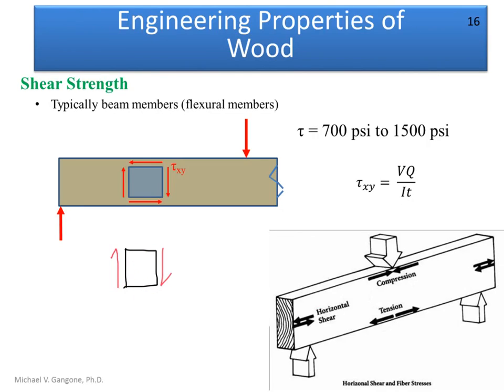All right, so in order for this thing to be in equilibrium, we have to keep in mind that if this arrow and this arrow cause a clockwise rotation, then this arrow and this arrow have to produce counterclockwise rotation to balance them out, right? So that's why we see something that looks like this. And it shows us that, yes, we have some vertical shear, but we also have horizontal shear that occurs in the beam. And it is that horizontal shear that is going to fail prior to this vertical shear causing failure.